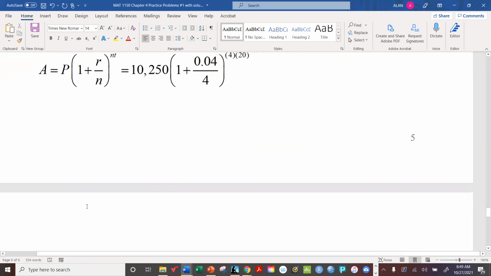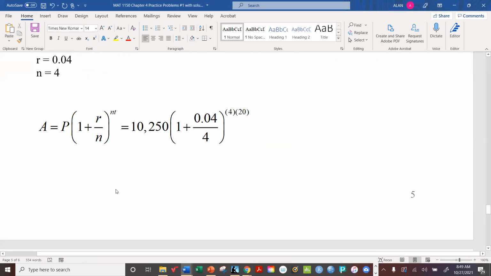All right, so this can be simplified to 1.01 raised to the 80th power. And then we have, all right. And that's going to be about 22,713.